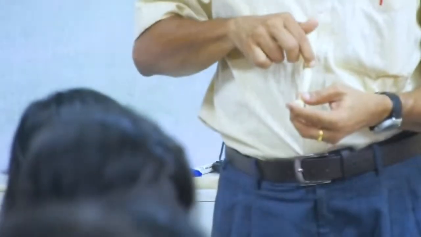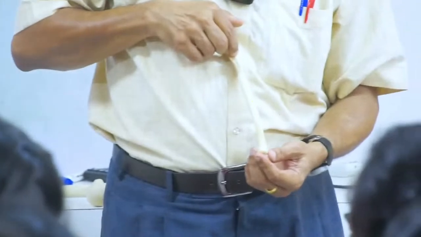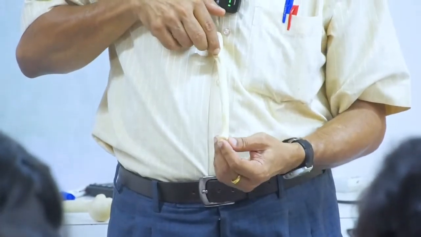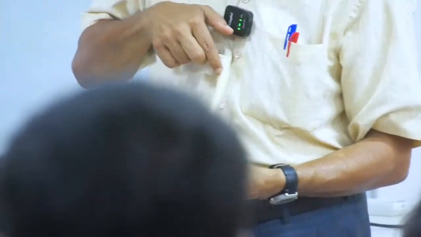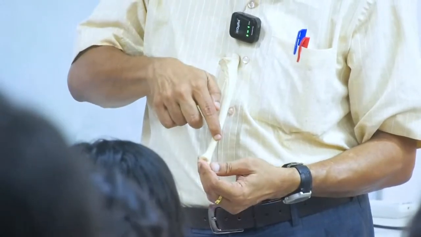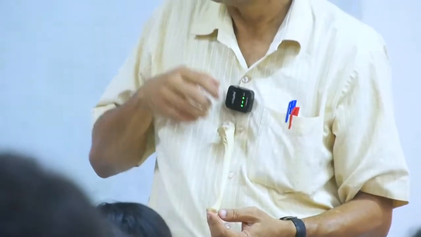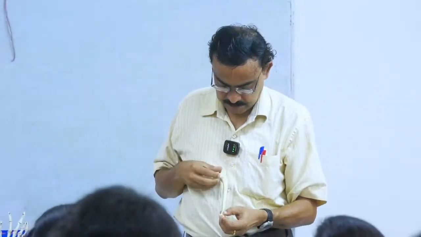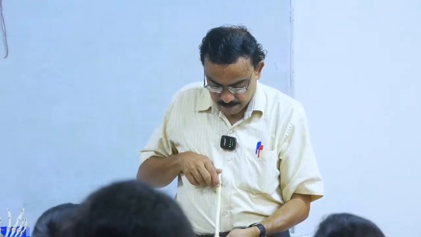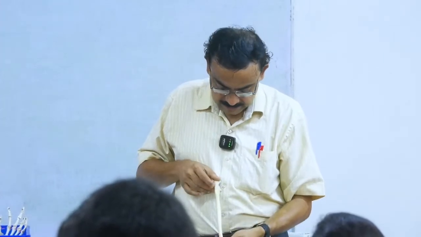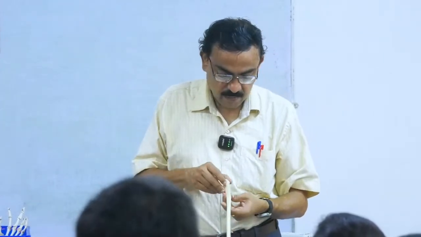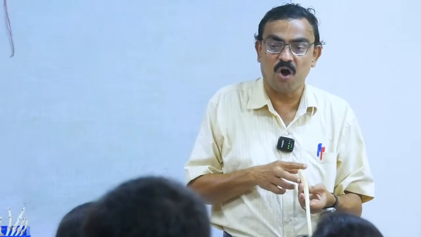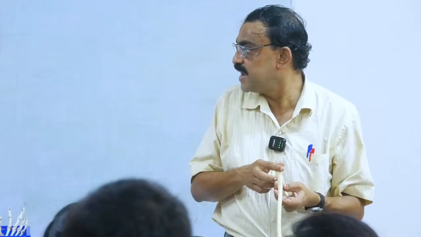This anterior border starts from the ulnar tuberosity and goes down and fades out in the lower part. Similarly, the posterior border comes down on the posterior aspect of the olecranon process.